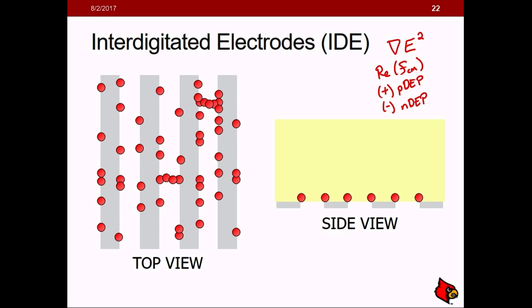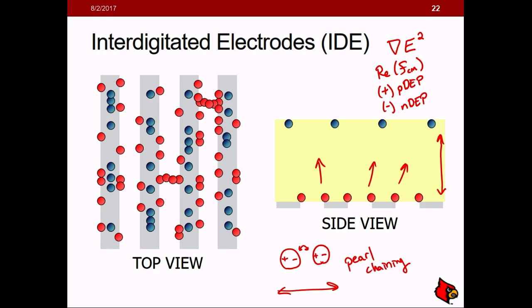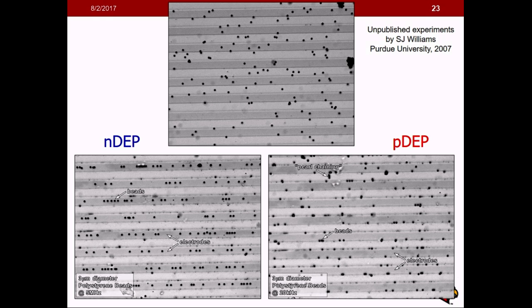But if the gap is sufficiently close to where you put a cover slip or some insulative material on it, the particles will migrate to the center of the electrodes, but on the opposite side of your device. So they're repelled, but they're repelled in lines. And again, if that lid is not there, they would just be freely repelled from the surface and suspended wherever they may be. So this is an example, some early experiments that I did to play around with this.